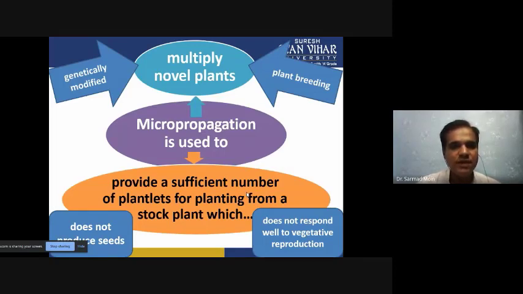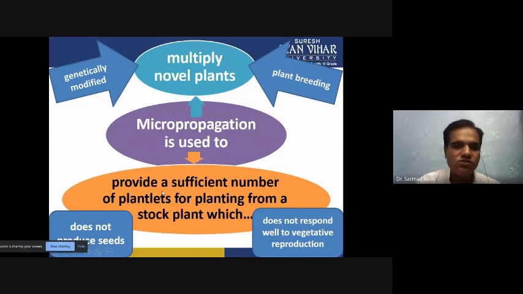Using micropropagation we can propagate multiple novel types of plants, and through single cells or tissues we can propagate n number of plants. Those plant cells can be genetically modified, and you can breed or produce hybrid plants. Hybridization can also be done inside the laboratory, and through genetic modification and hybridization you can propagate multiple novel plants.